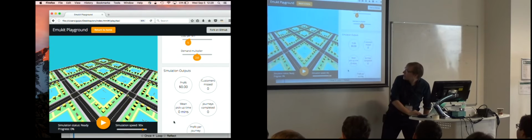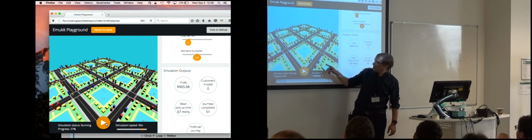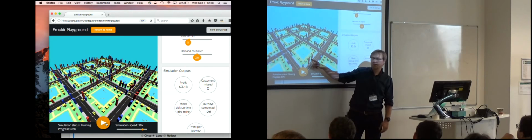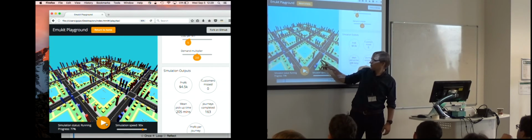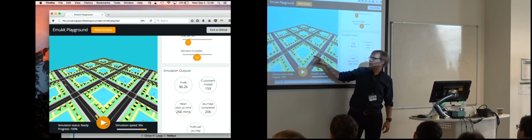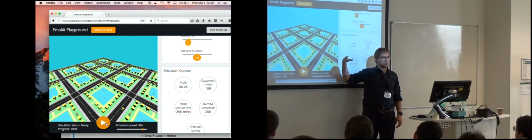So basically, I can select a number of taxis in this city, and I can run a simulation, right? What you see here is that the blue bars represent where the trips start. So I have a customer waiting for a trip here, and the blue line represents where a customer wants to go, right? So if I just have the simulator, this is my black box function that I want to optimize.